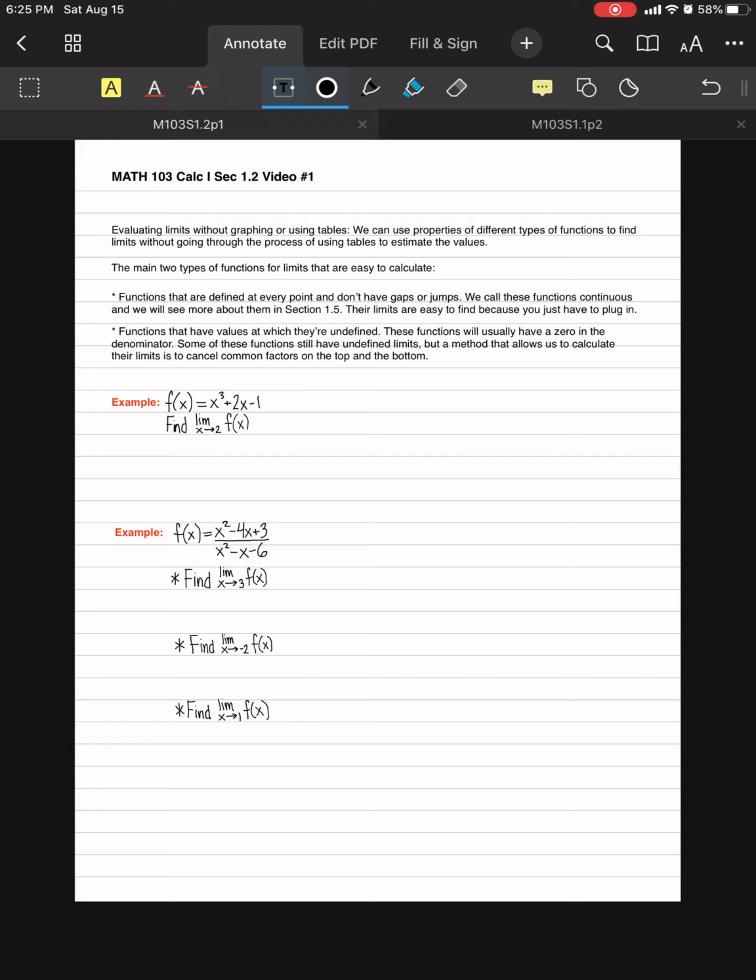But we're going to start in this section looking at calculating them using more mathematical or algebraic methods. That's what we're going to look at in this video. We're going to be looking at evaluating limits without graphing or using tables. So that's our goal here.